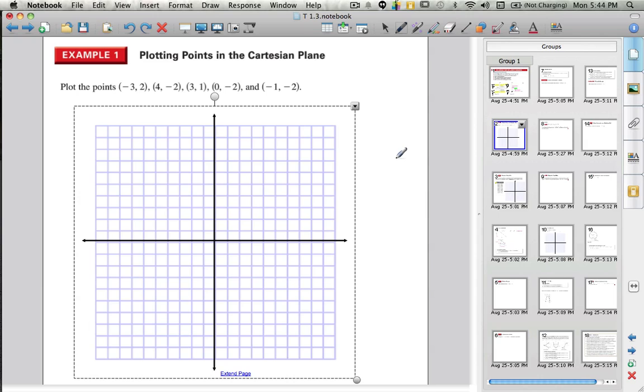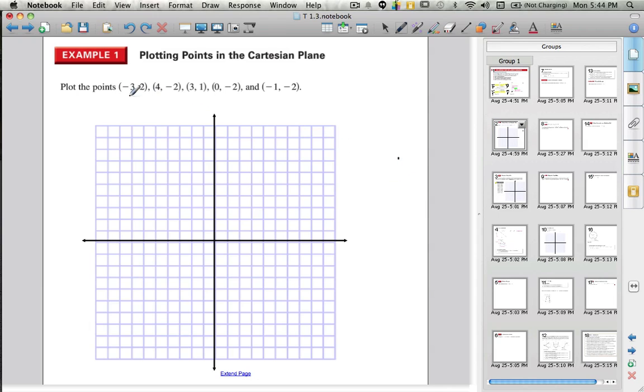Okay, if we want to look at plotting points on a Cartesian plane, we have x's and y's, so -3, 2, that's this point. Then 4, -2 would be over here.